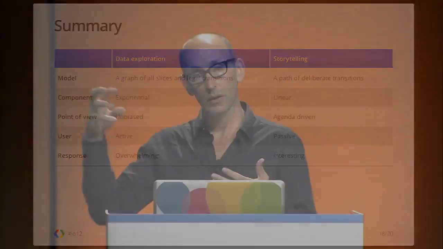Then at any given time, or maybe at the end of the story, let the user say, oh, do you remember that scene? I wonder what happened a bit before or a bit after. And suddenly you could build an interface that easily transitions between storytelling and data exploration. Thank you.